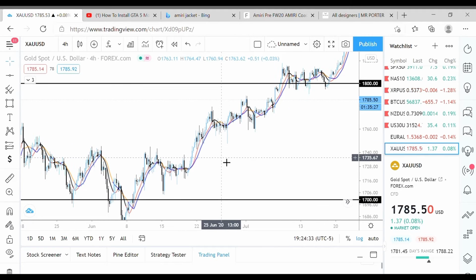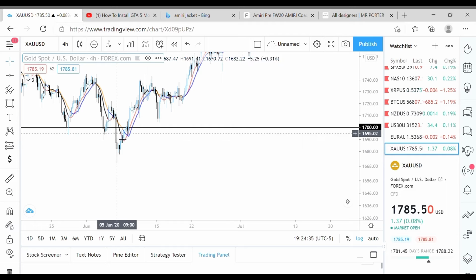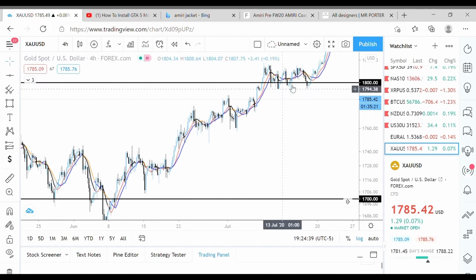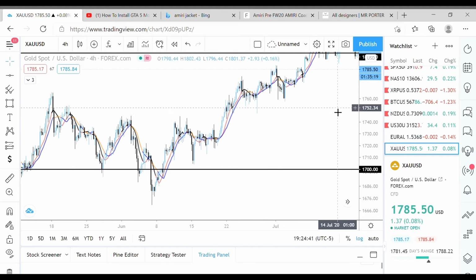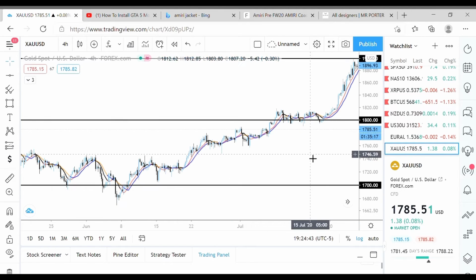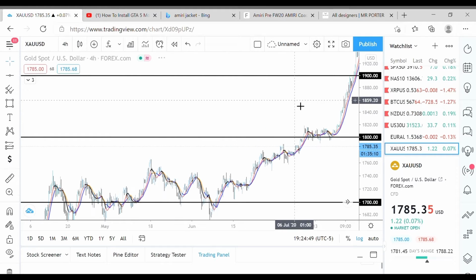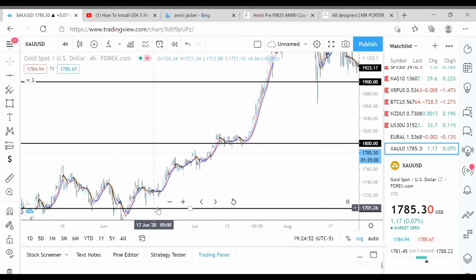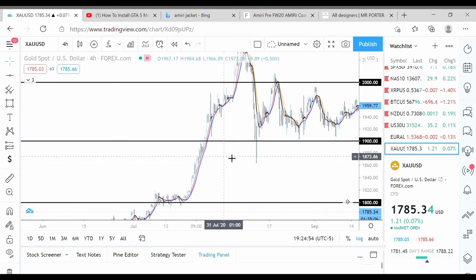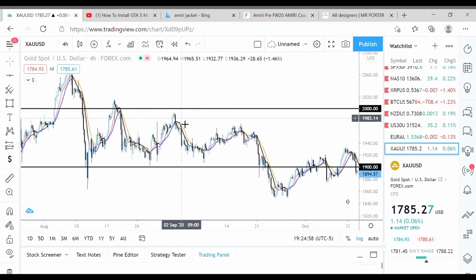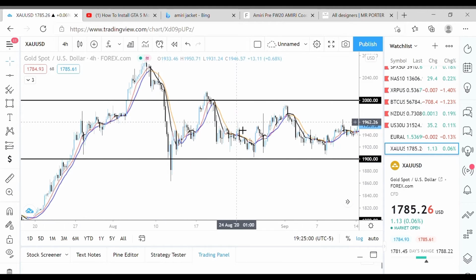Most of the time it'll come back to retest that level multiple times and then shoot up. But when it really breaks through, it really breaks through. Like from 1700 to 1800 to 1900, it hit multiple times. So 1800, 1900, 2000, and this is on the 4 hour chart, mind you.